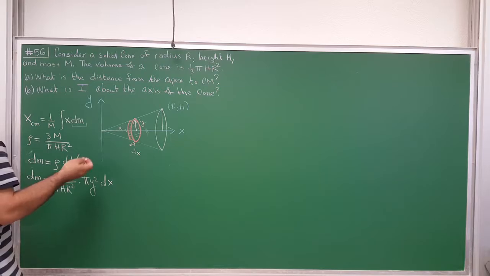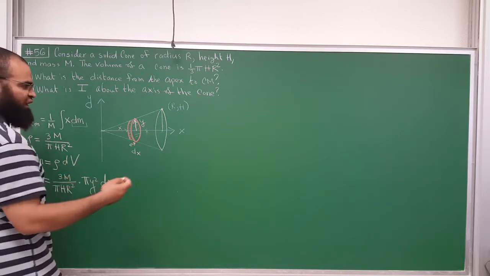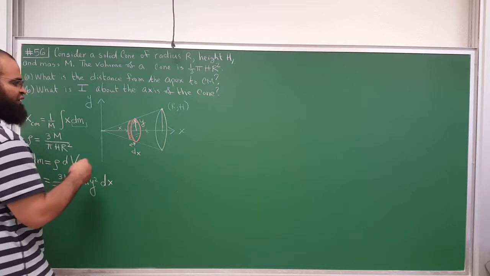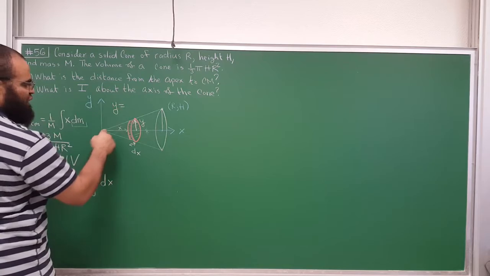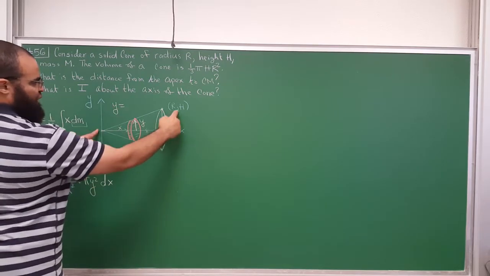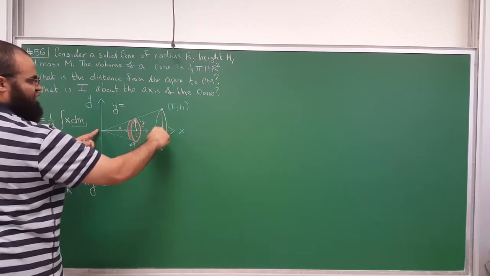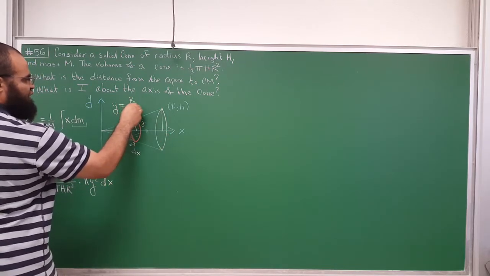So y equals mx, the slope times x plus the y-intercept, and the y-intercept is 0. The slope is the rise over the run. The run is h, and the rise is r, so the slope is r divided by h.